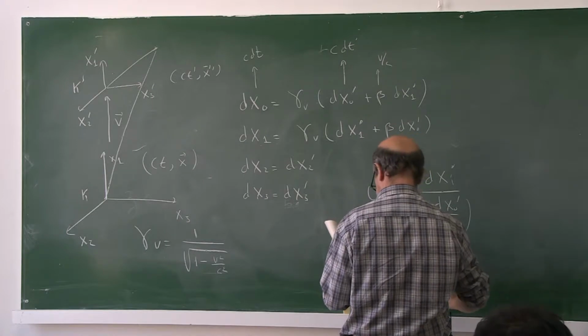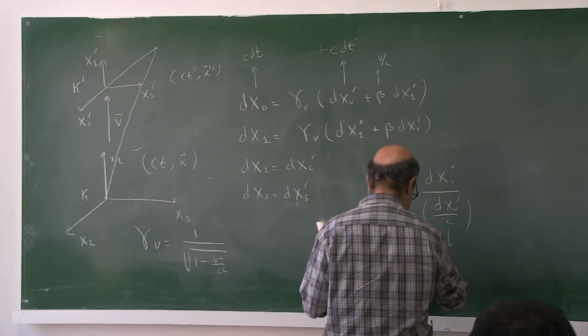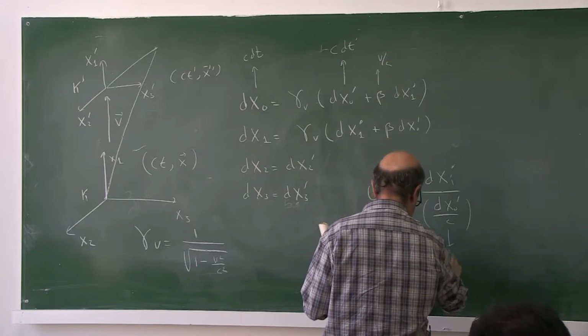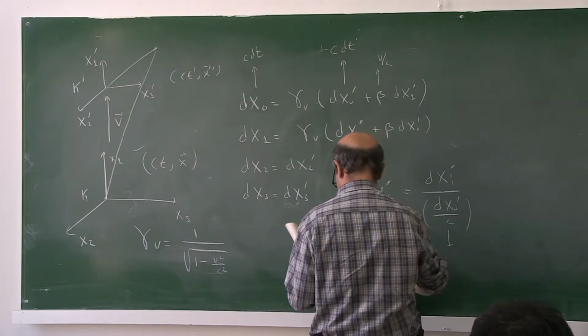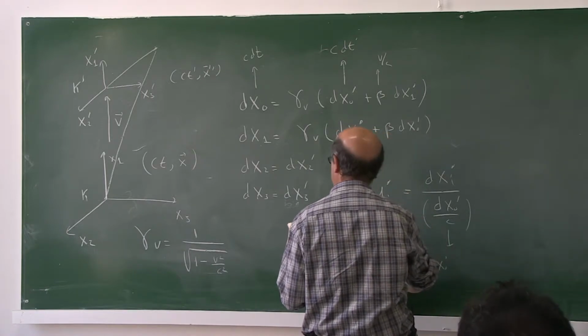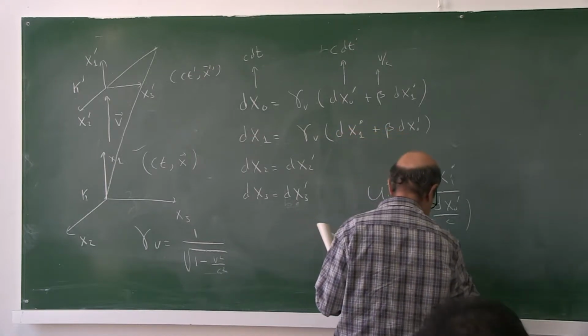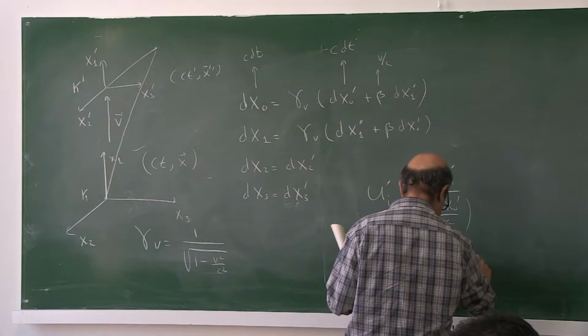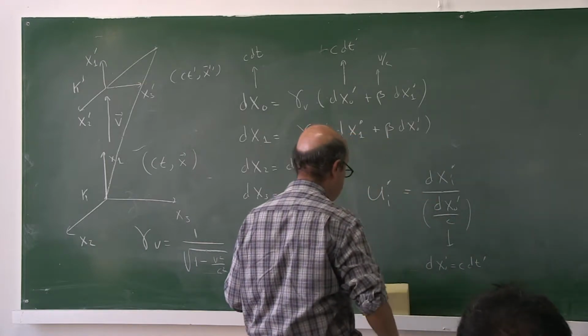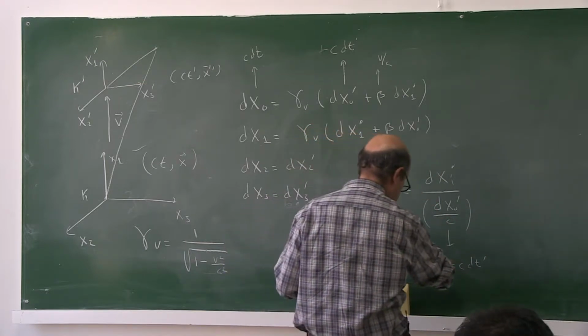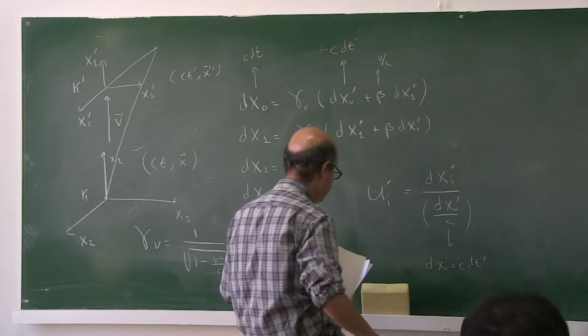This is nothing but dt prime, because dx0 prime is c times dt prime, so dx0 prime over c is dt prime.